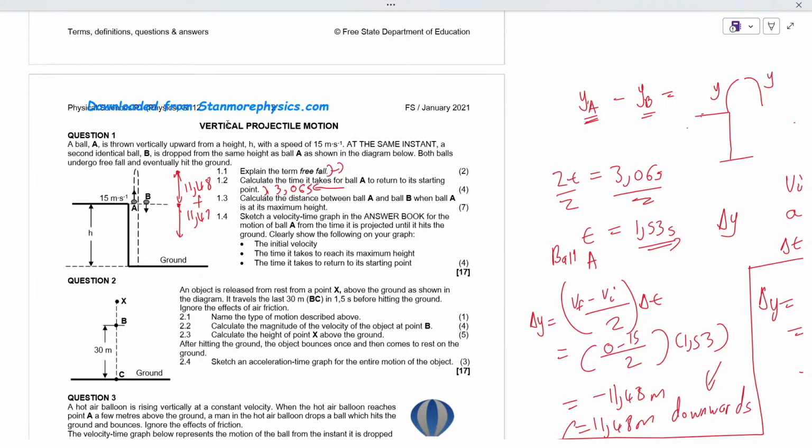And at first you said the time which we calculated, about 3,06, is the time which ball A covered, and then we divided it by 2. Okay. Do you have any questions? Nope.